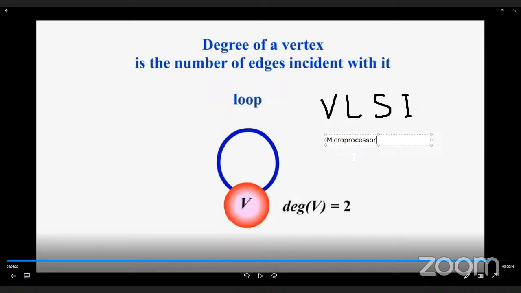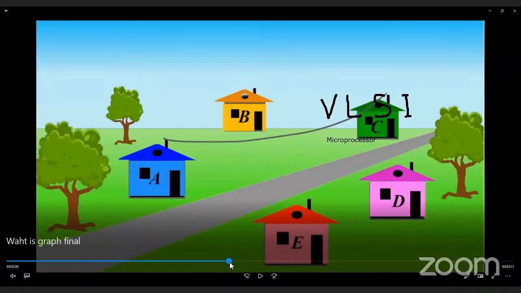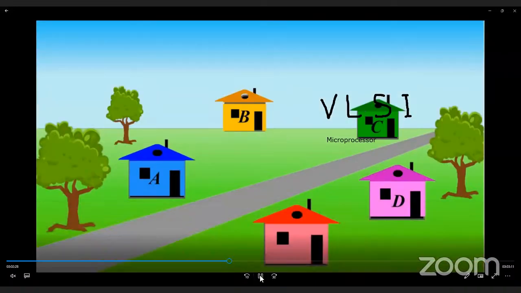There are a lot of applications of graph theory. So if you want to do your final project with this, it's okay. Your assignment now will be to make an animation like this one.